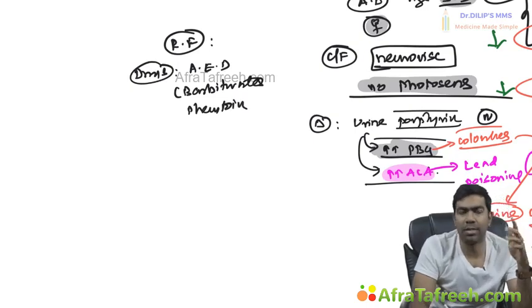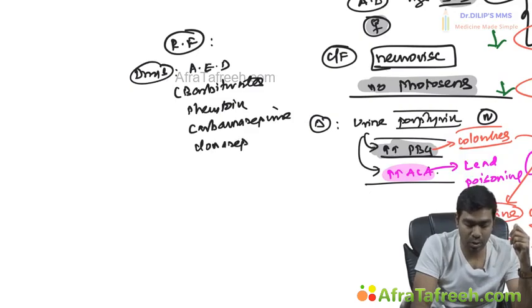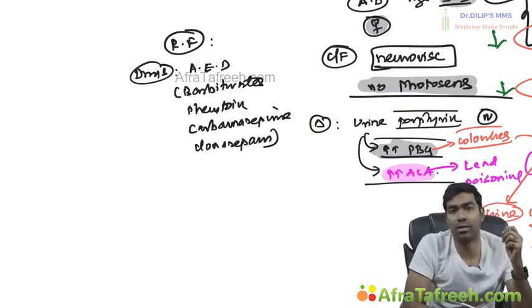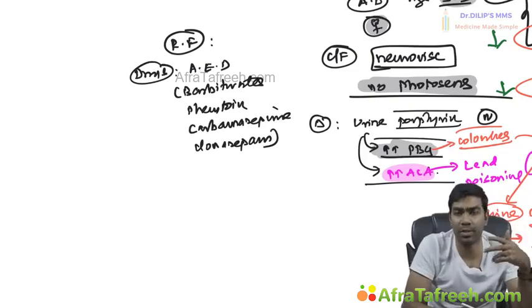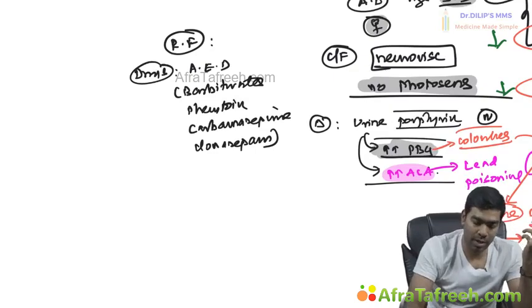Then you have carbamazepine, which is also an enzyme inducer. Then you have clonazepam, which is a benzodiazepine, a very important drug. Clonazepam is a commonly used benzodiazepine in routine day-to-day practice itself, so that can induce a porphyria attack. So anti-epileptic drugs, very important.